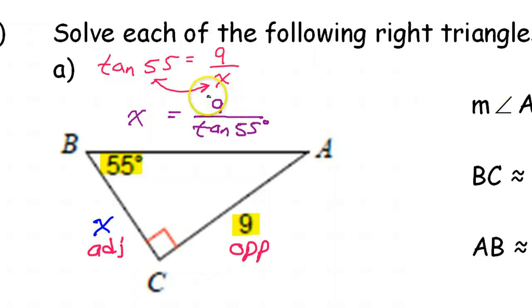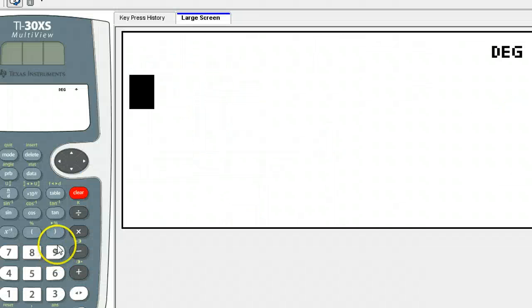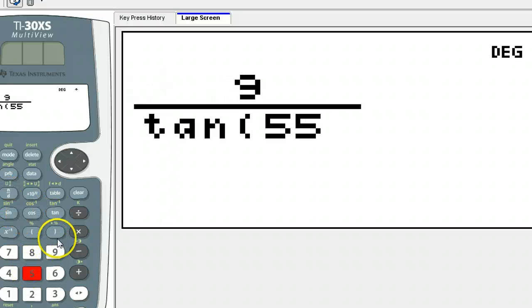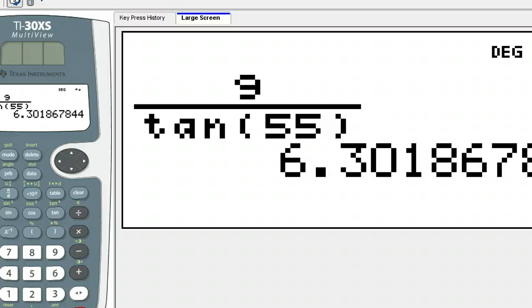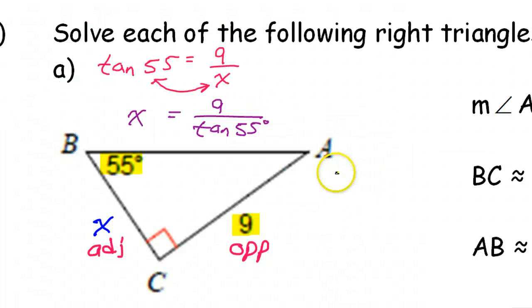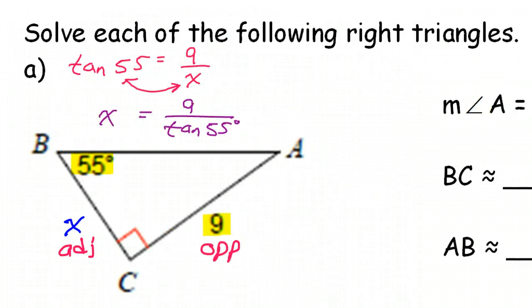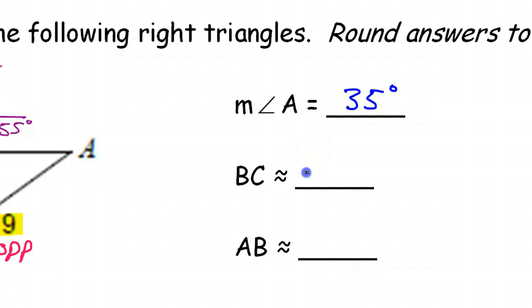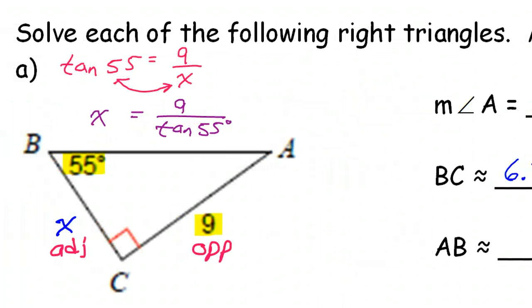I can simply put this in my calculator, 9 over tangent 55. That's 6.3. Remember, that was BC. So BC is 6.3.